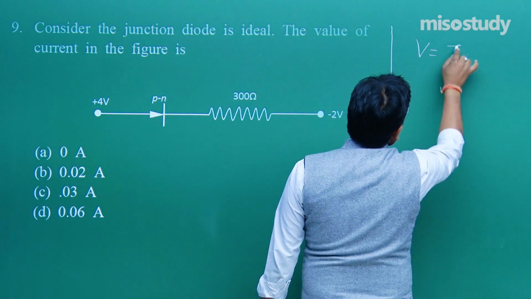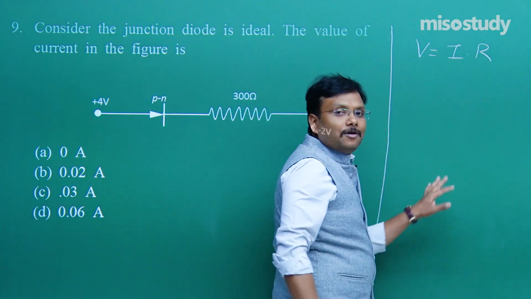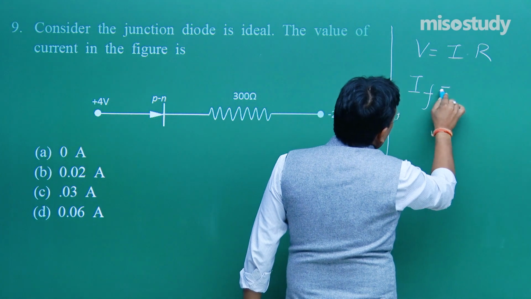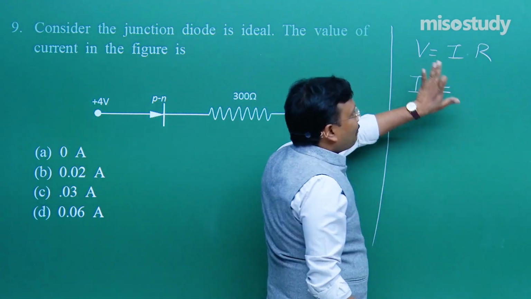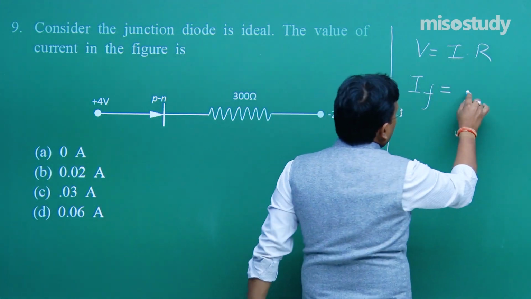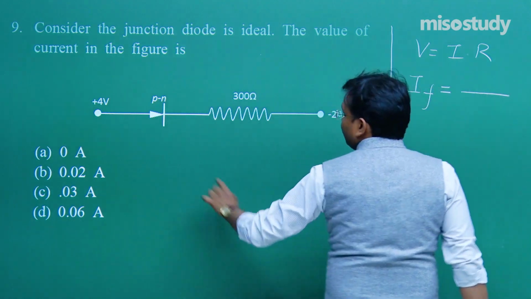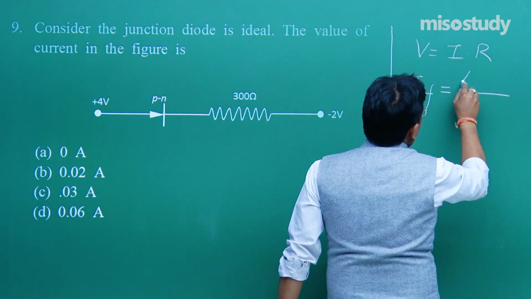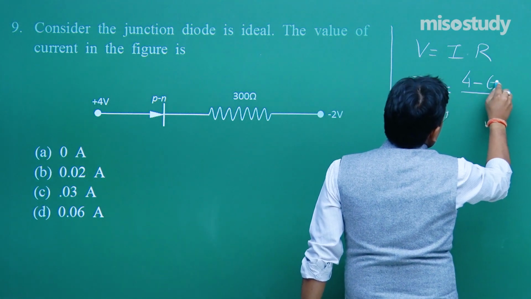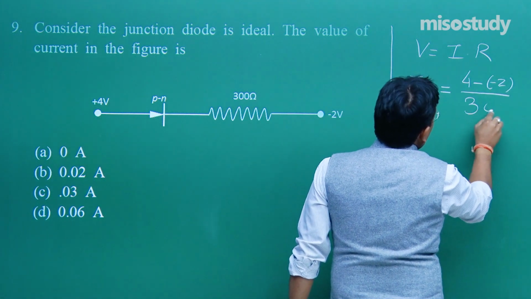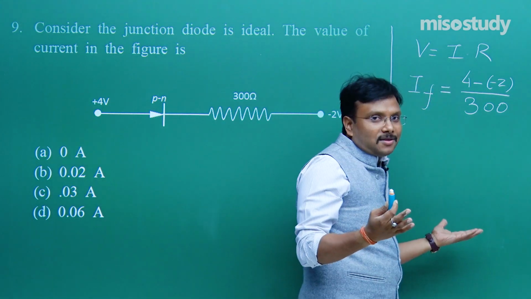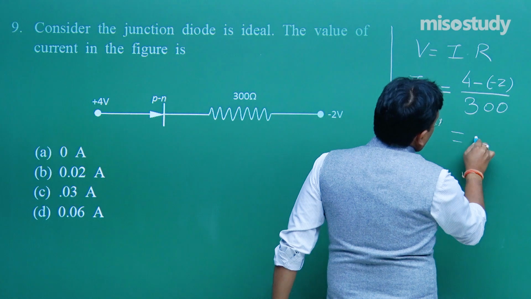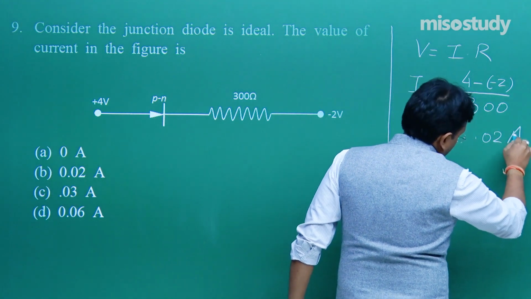Using V is equal to IR type of relation, I is equal to V upon R. So it's going to be 4 minus 2 upon 300. Simple formula, simple result, that is 0.02 ampere.